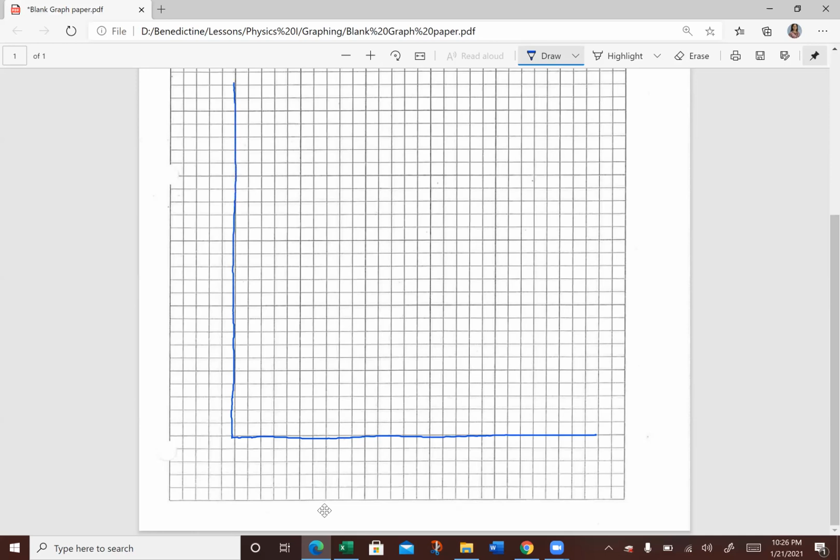Remember, we came in and gave ourselves a boundary. Make sure you give yourself a title. So this is finding the index of refraction. That could be the title of your graph.